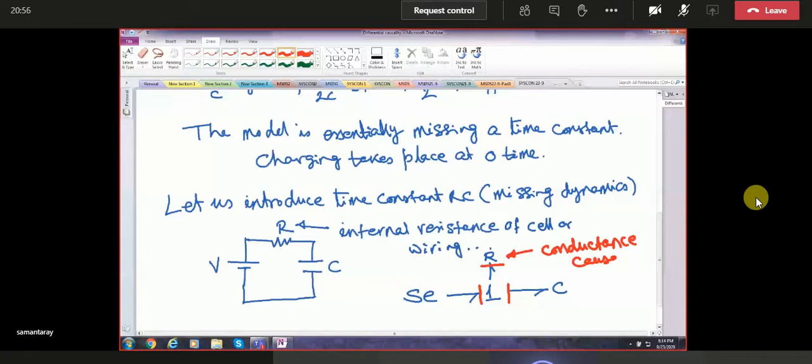If R is 0, this is singular. Again, back to that differential causality thing. All right, so we can introduce a resistance. That is our missing dynamics. Then, whatever the value of this resistance, it will always dissipate half the energy. Whatever be the value.